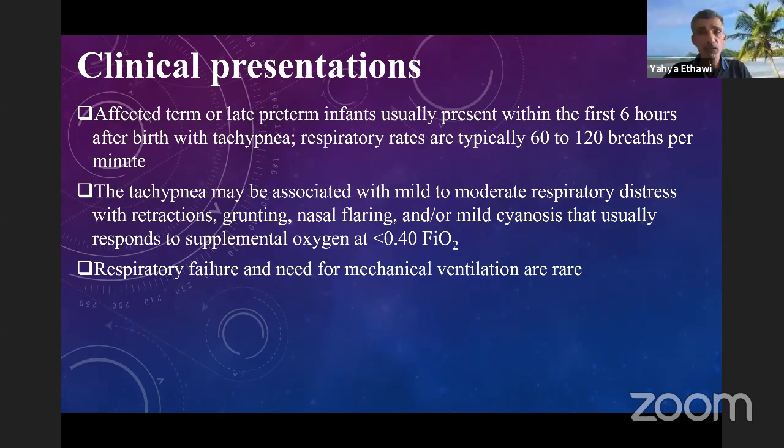Now, respiratory failure is a term that I don't like because there is an actual definition of what is... So I don't like the term respiratory failure because there is extensive talk about textbook type 1 and type 2.